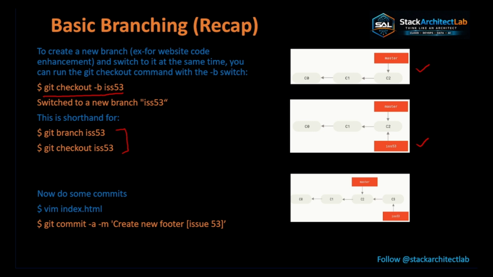Now if we do some commit, I told you that by doing the commit, our branch starts moving. As you can see here, it is moving in that direction. We have seen that in our previous modules also.